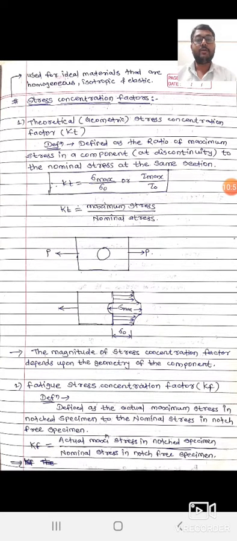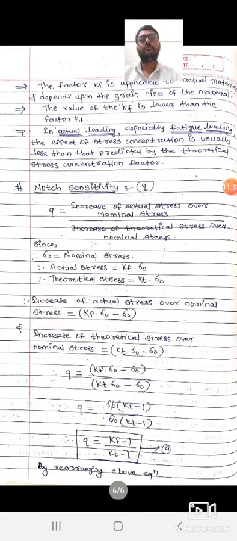Second important parameter is the fatigue stress concentration factor, that is Kf. What is the fatigue stress concentration factor? It is defined as the ratio of actual maximum stress in a notch specimen to the nominal stress in a notch-free specimen. That is, Kf equals actual maximum stress in notch specimen to nominal stress in notch-free specimen.